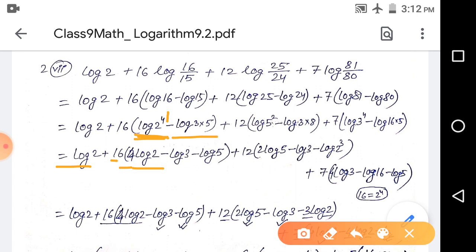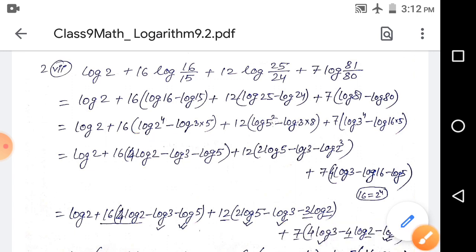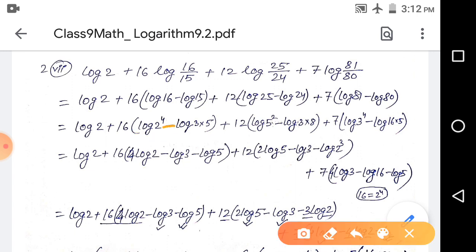Okay, because the minus sign is outside, both those two terms become minus. We have log 3 plus log 5, so after multiplying with this minus sign, this one becomes minus log 3 minus log 5. Okay, so this is inside the bracket, with the multiplying factor 16.